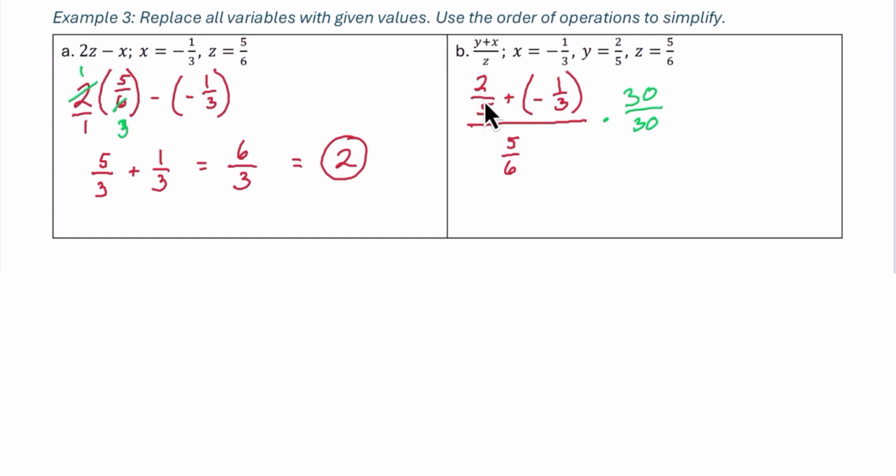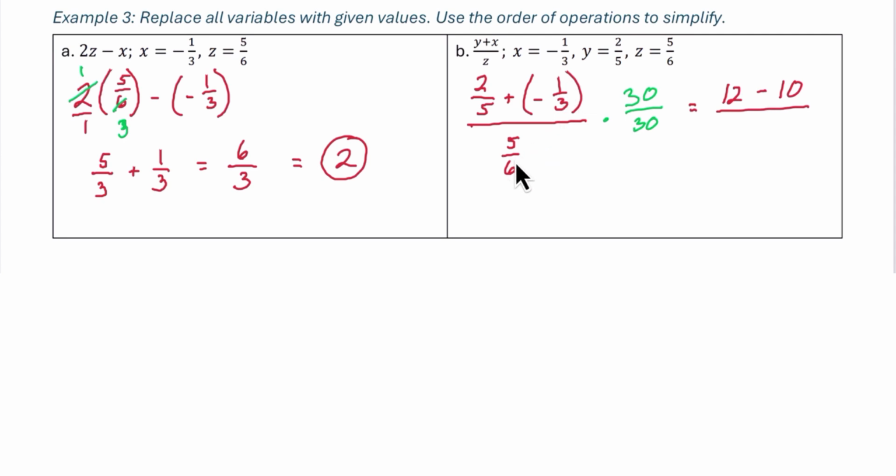Looking at 2/5, 2/5 times 30. 5 goes into 30 6 times. 6 times 2 is 12. And now negative 1/3. 3 goes into 30 10 times. 10 times 1 is 10, and we'll make it negative, since it's negative to begin with.